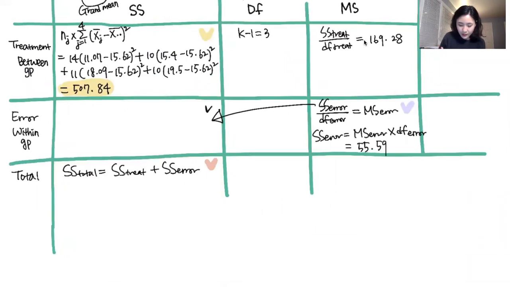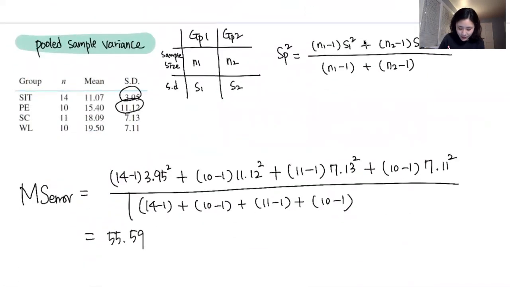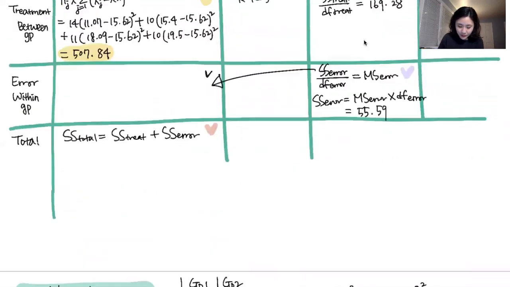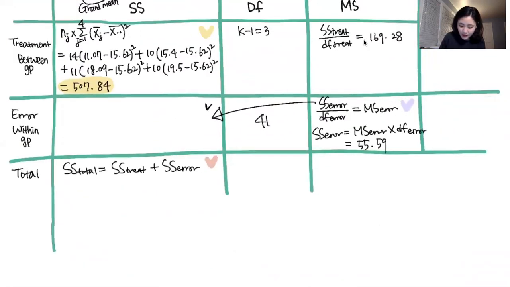The degrees of freedom of error is the sum of each group's subjects minus 1, the same as the denominator: 13 plus 9 plus 10 plus 9, which is 41. So here is 41, and also this is 41.